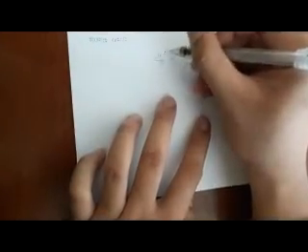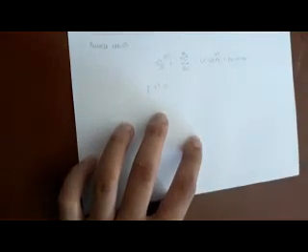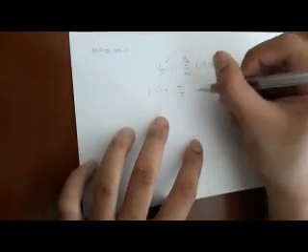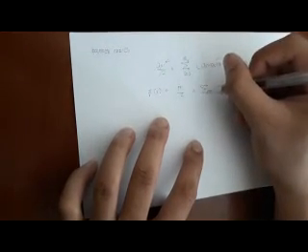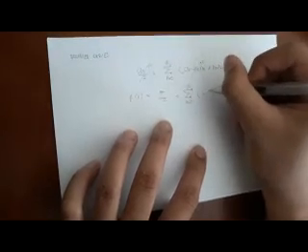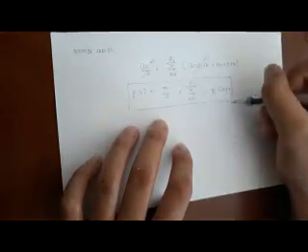Since a0 is 0 and an is 0, we would cancel them out, and we would only get f of x is equal to pi over 2 plus the summation n is equal to 1 to infinity negative 1 over n sine nx. And that is the final answer for the example.